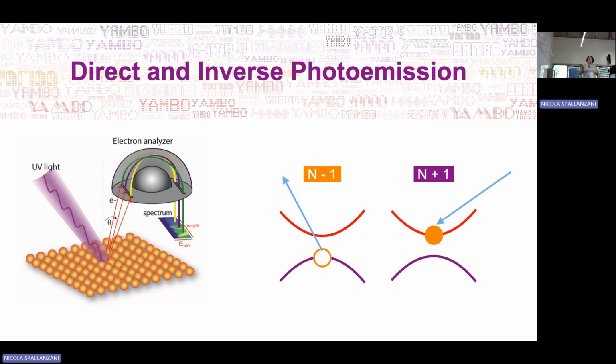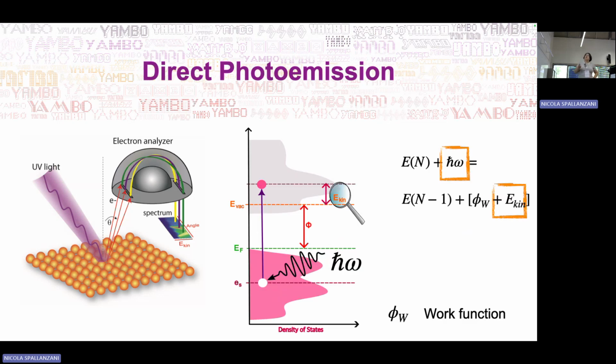In inverse photoemission, that is a less common technique, but still used, we inject an electron and then it will decay, and the system will emit light, and that light will give us information about the valence states of our system. So more precisely, if we look at direct photoemission, we have an electron that's in a certain occupied state.